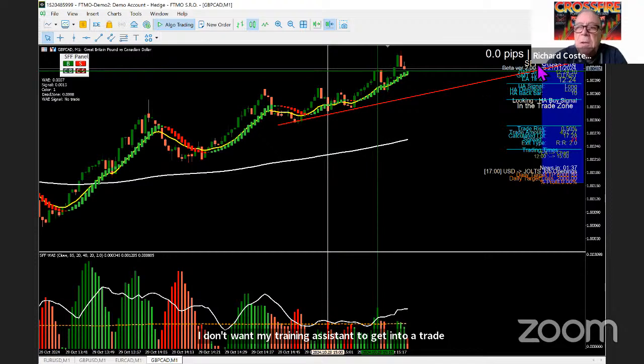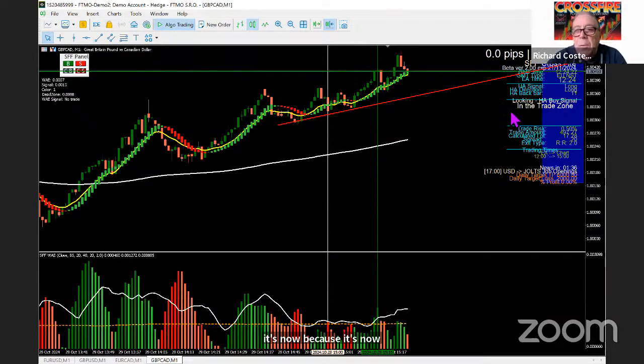So 20 here is 2 pips. 21 is 2.1 pips. And currently, because it's dropped down to 20, it's saying we're looking for a buying signal. So at this moment, it would get me into a trade because the spread is 20 or less.